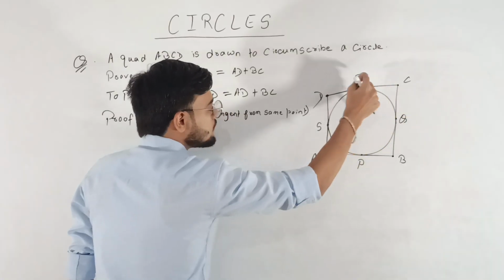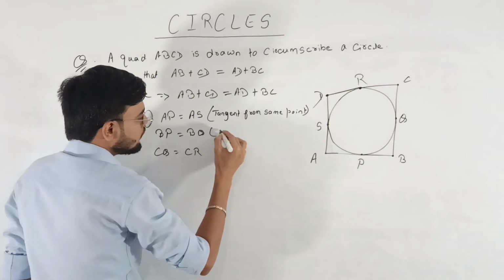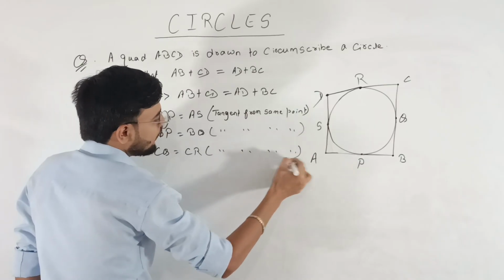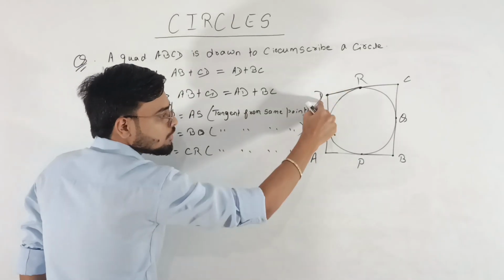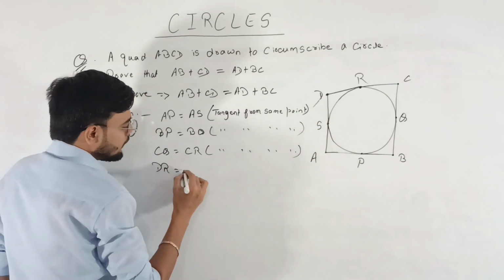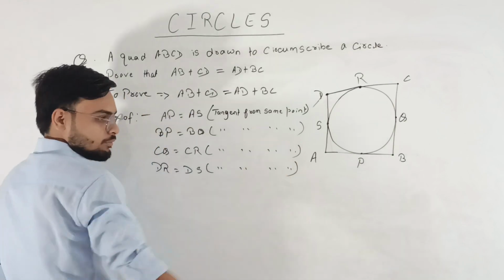Similarly CQ is equal to CR, tangents from the same point. Now DR is equal to DS, tangents from the same point D. So here DR is equal to DS, again tangents from the same point.